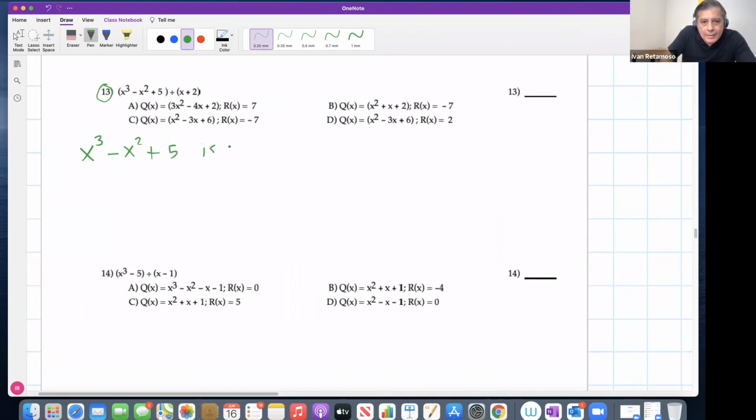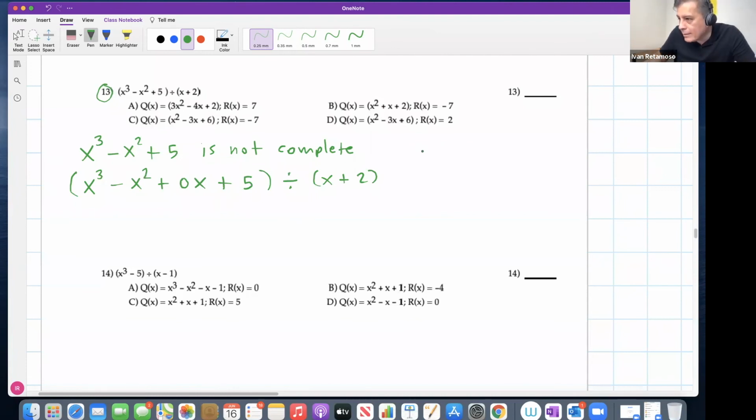This guy is not complete. It's not complete, right? Clearly. The x term is missing, right? Not complete. But that's not a problem because you can complete this polynomial as I showed you in the table, right? So use this. So think of your problem being this, right? And use your synthetic division for 13. Let me see.